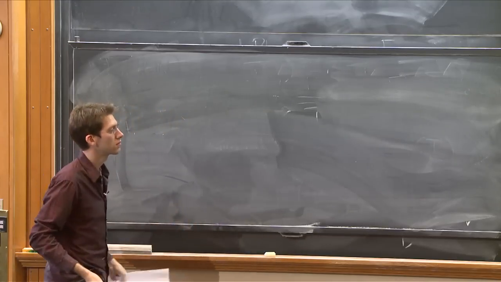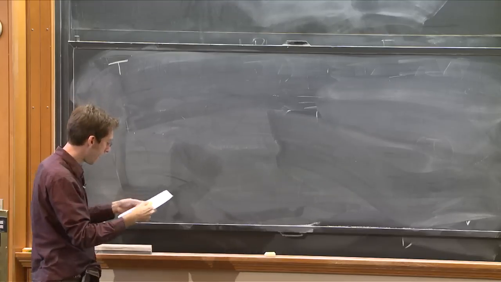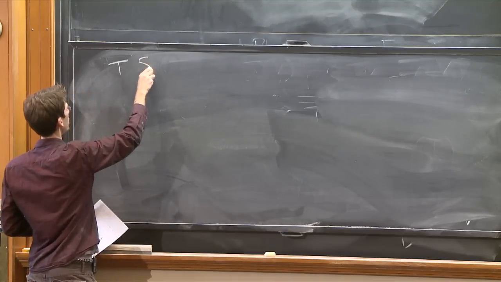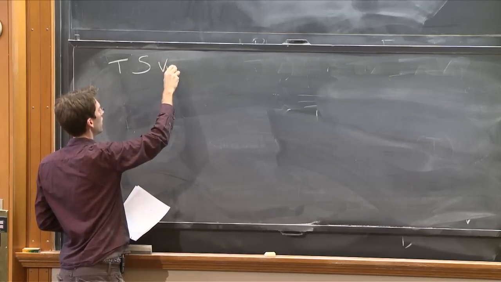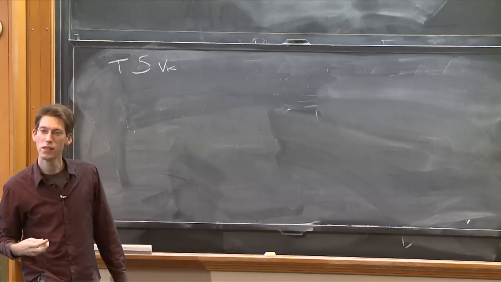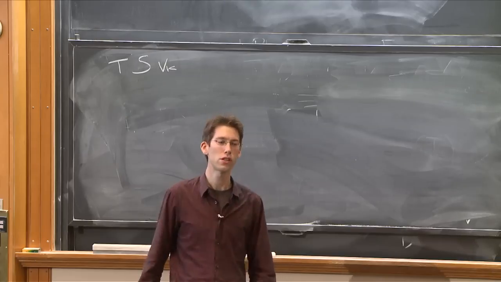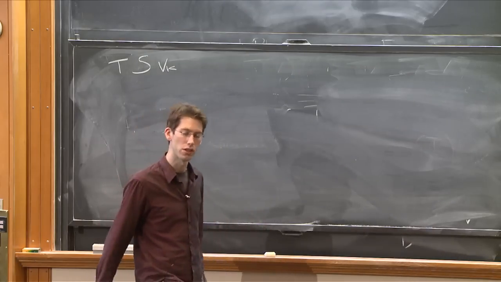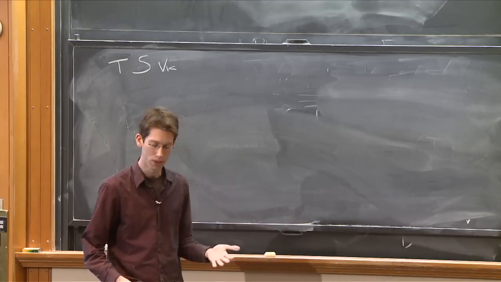So if we have two operators, T and S, and we act on a vector v_k, and by what I argued before, it's enough just to know how they act on the basis vectors. And once you do that, you can figure out how they act on any vector.